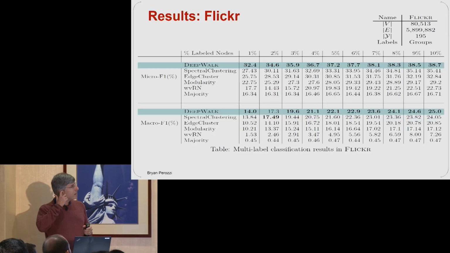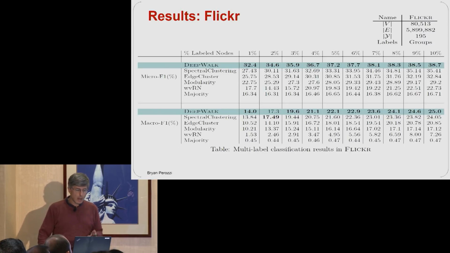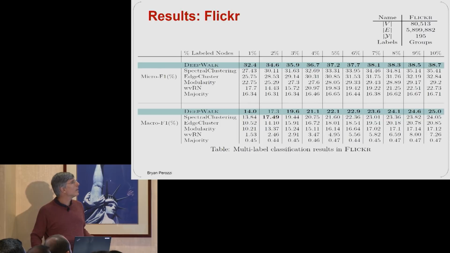Again, being academics, we compare ourselves against other algorithms, like spectral clustering. Those are sort of like the SVD methods we've been talking about. There are a bunch of methods for turning graphs into features.